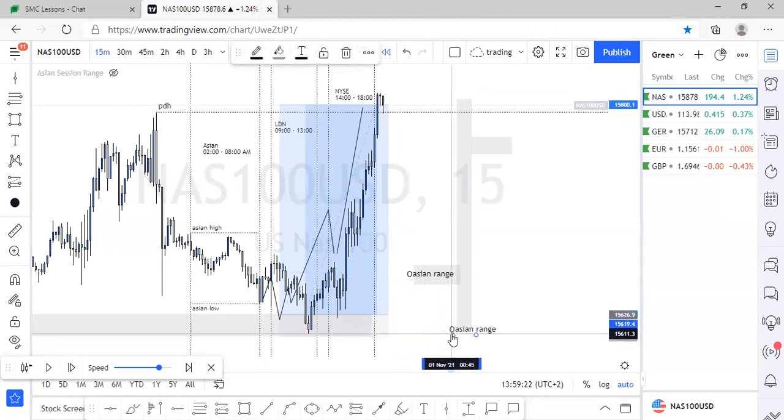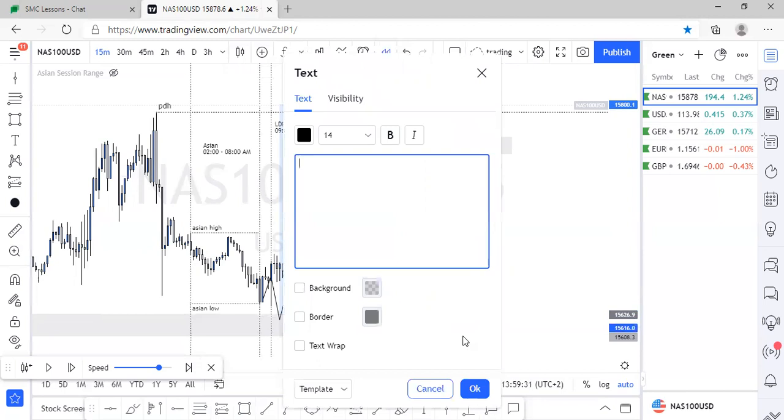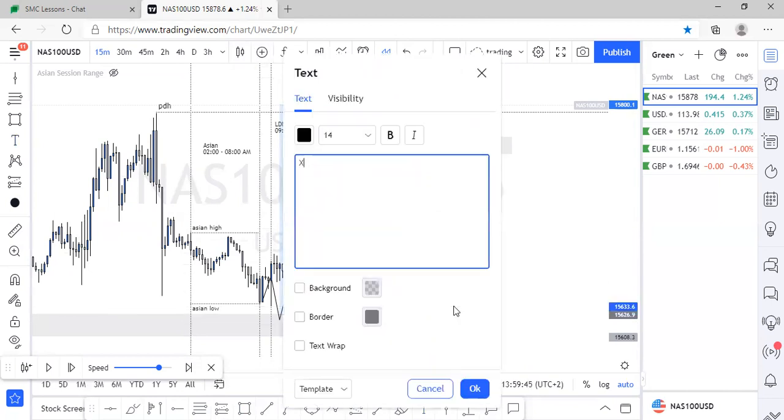Then we get the low of the day. L is for low of the day, which is also the London manipulation. Let me just write an X there so that you know the X is for London manipulation.